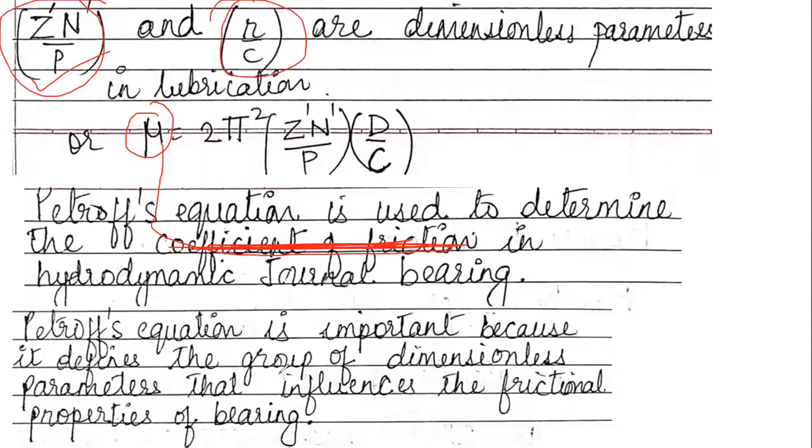You can see here, it defines the group of dimensionless parameters that influence the frictional properties of the bearing. Moving further, so you understood that this is how Petrov's equation is derived. It is made up of the two dimensionless numbers that influence the frictional properties of the bearing.